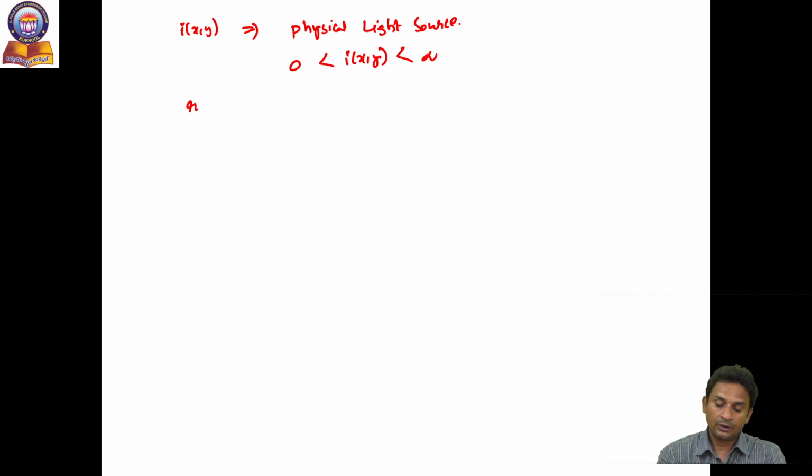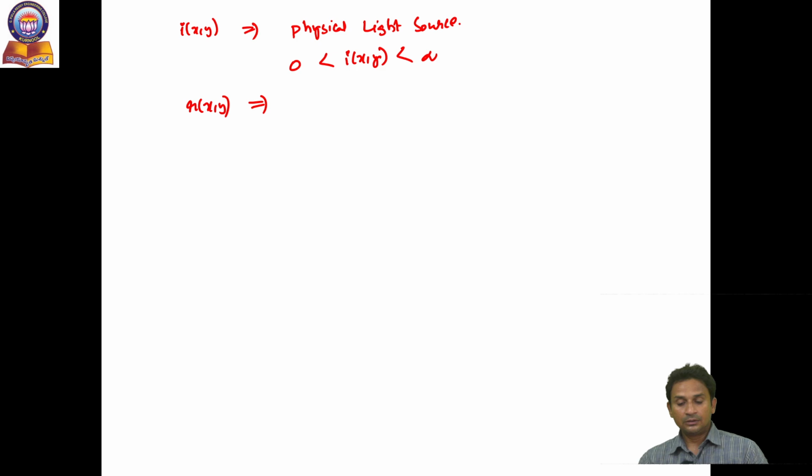Coming to the reflectance R of xy, the reflectance is the amount of illumination that is reflected back from the object in the scene, which will be captured by the image sensors in order to produce the image.